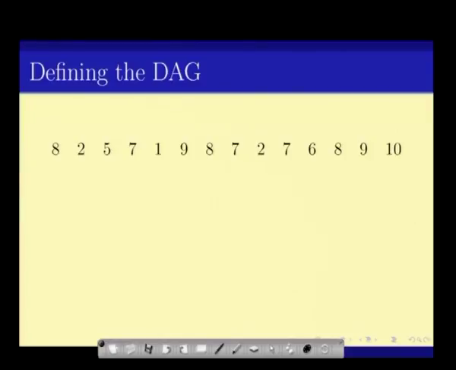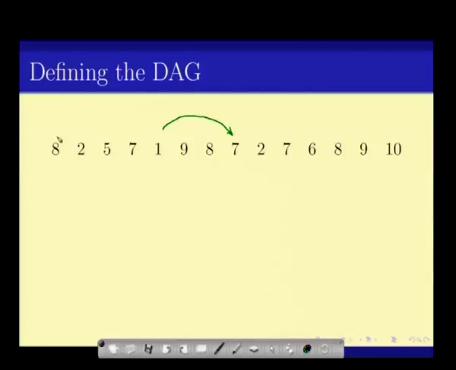Now, in this example, we want to draw a graph. How do we draw the graph? The idea is that if I have two numbers where one is less than the other, say 1 is less than 7, then I will draw a directed edge here, and I will keep on doing it.